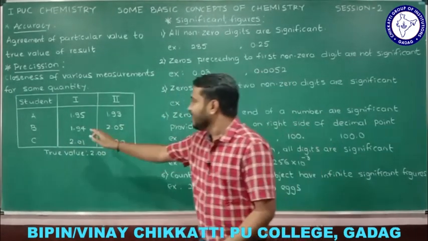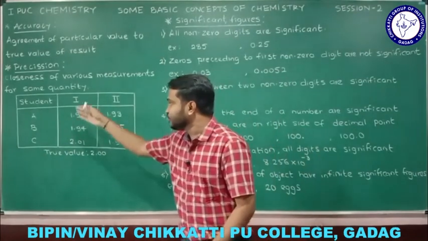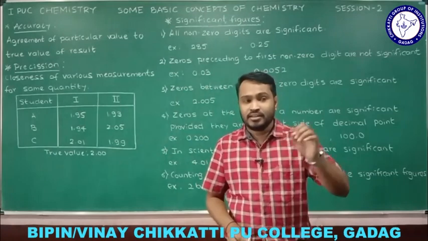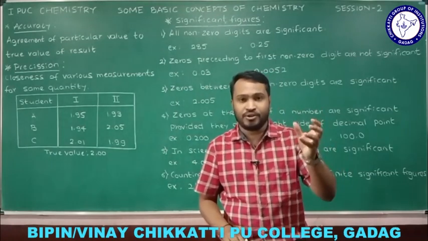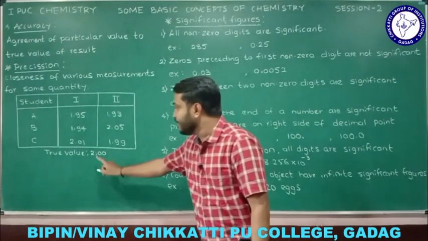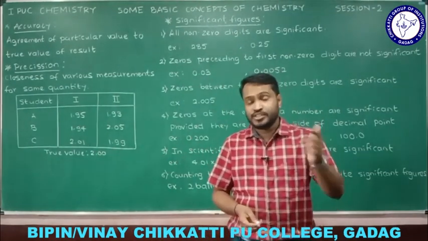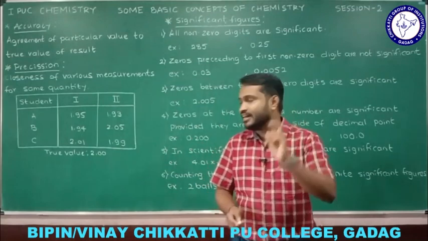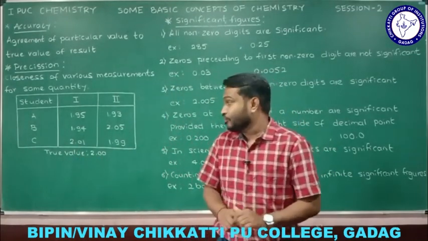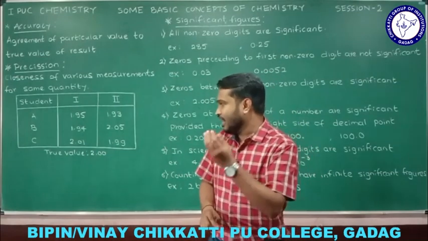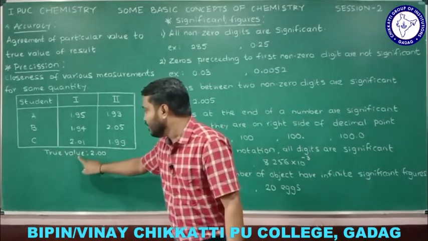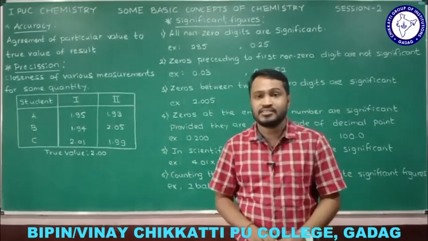So these are the 2 different readings for students A, B, C. But the actual weight or actual measurement of the given substance is 2.00. That we call the true value, without error. Let us assume the true value of the given compound is 2.00.